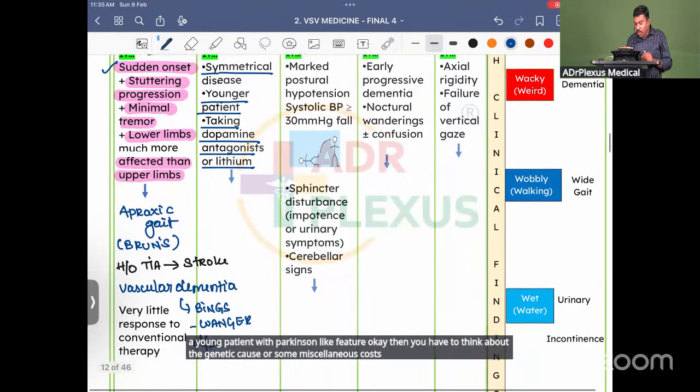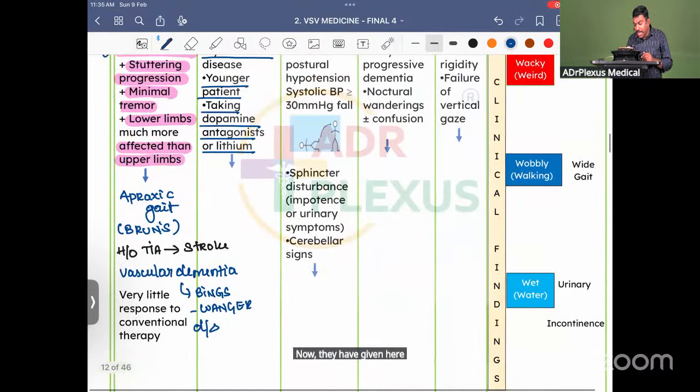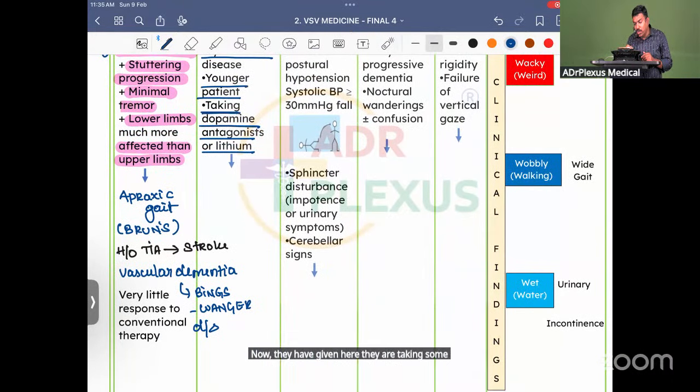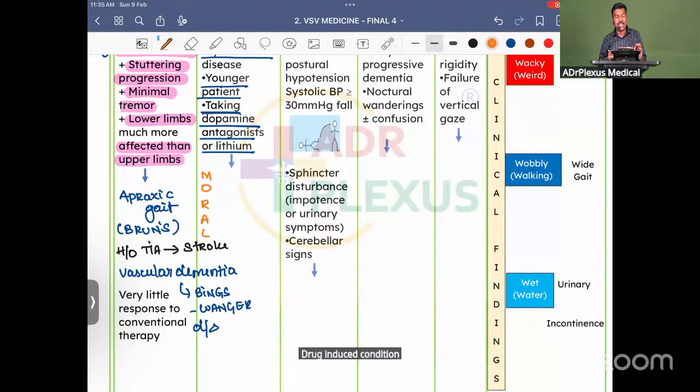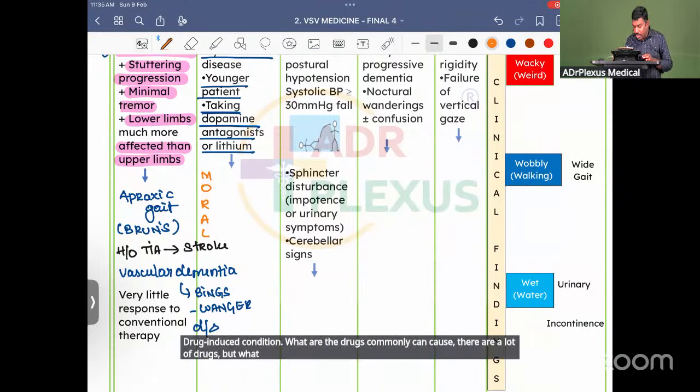Now they have said the patient is taking some dopamine antagonist which decreases the dopamine level, so it is going to be a drug induced condition. What are the drugs that commonly cause it for your exam?